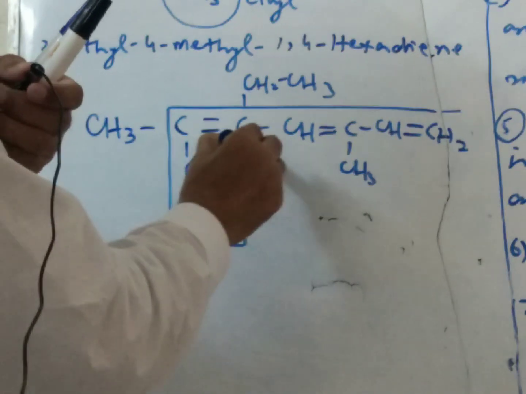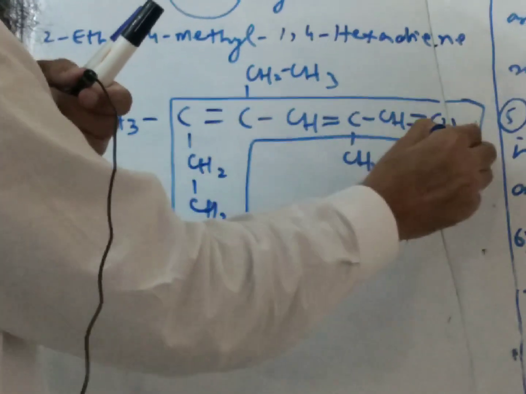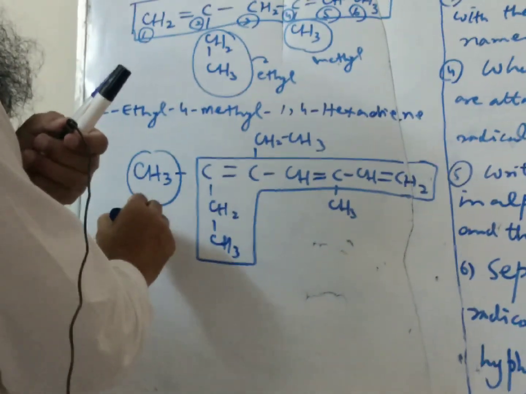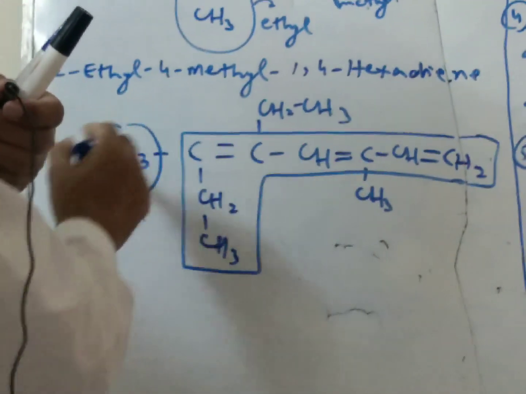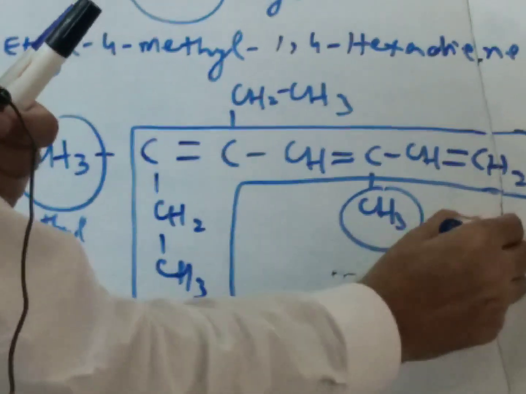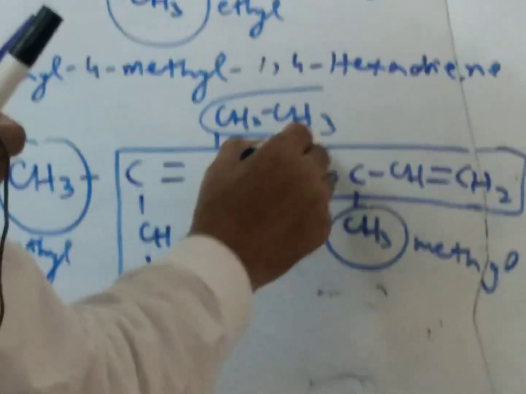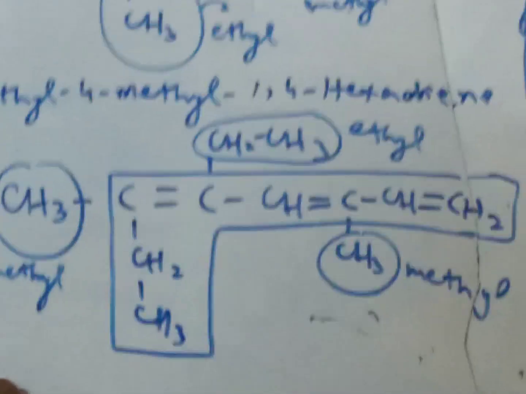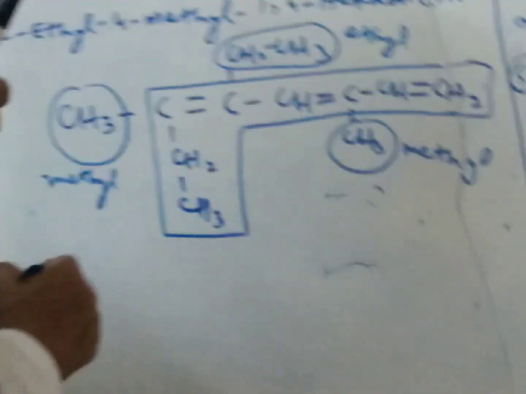So in this case, this is the methyl outside the chain. This is again methyl, and this is the ethyl. So according to the rule, alphabetically ethyl should come first.